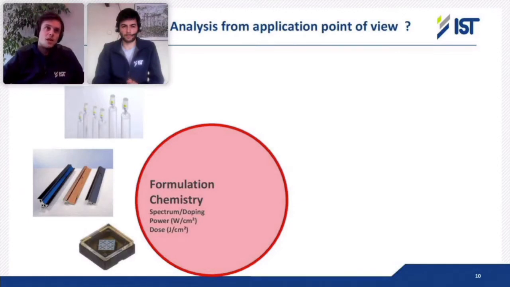A formulation will have specific needs depending on its components, like photoinitiators, resins, pigments, etc. These needs can be the following: specific spectrum, spectrum sensitivity, peak power in watt per square centimeter, and also total energy needed, which we can call the dose, in joule per square centimeter. So here we already have some factors that will help us select the right technology.